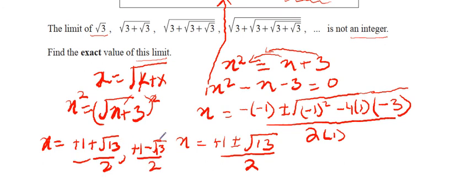And we see this one will give us a negative and this will give us a positive. And when we look at this sequence, we are looking for only the positive values. So our limit will be a positive number. So we pick this solution here. So this will be the exact value for this sequence.